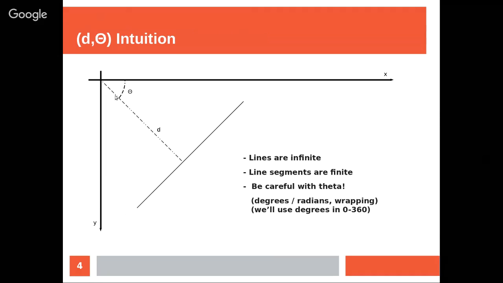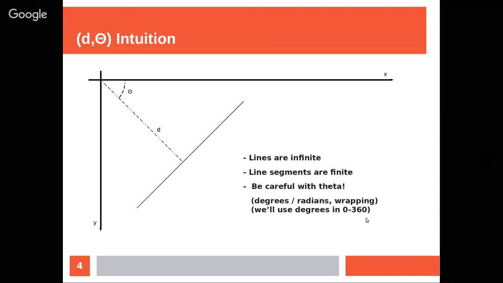I'm not going to try and be too formal here. I'll note that there are a lot of definitional problems you can get into, especially with theta. You've got to know what your implementation of the line algorithms you're using works with. For example, does it return angles in degrees or radians?